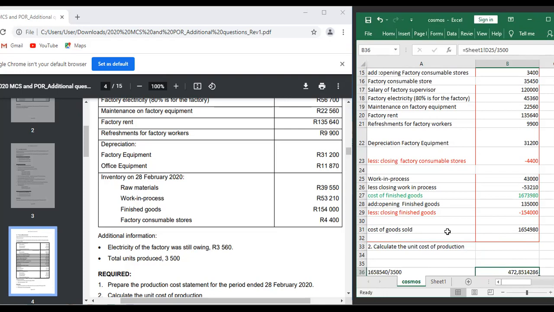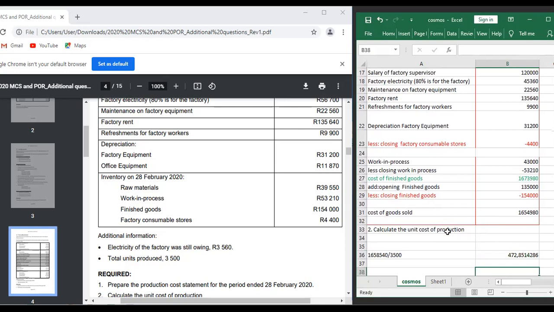So in a nutshell, this is how you calculate the cost of goods sold. We were also required to calculate the unit cost of production. So how do we calculate this?